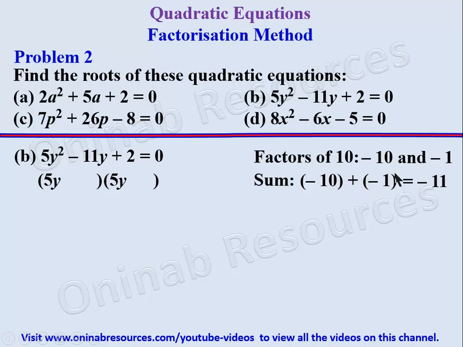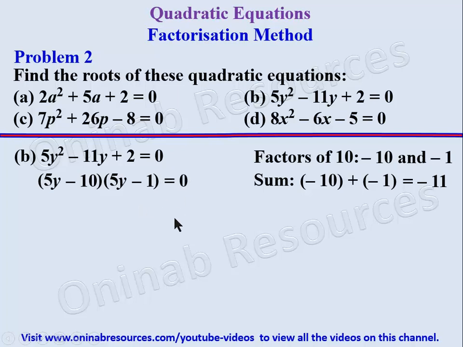Negative 10 plus negative 1 gives negative 11, which is the negative 11 we are looking for here. Now we bring in the negative 10, negative 1. Can you immediately see that 5 is a factor here? 5 is a factor, so that is how it is always going to be.